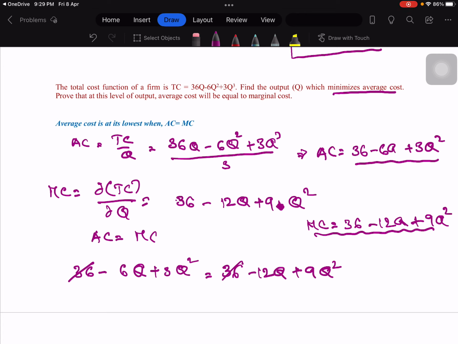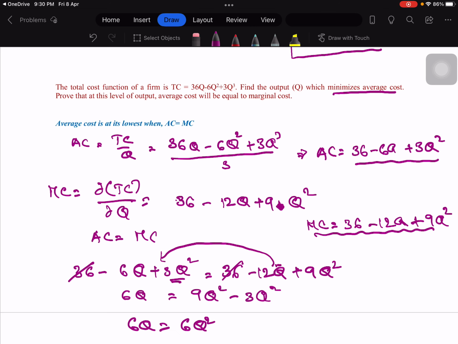Minus 6Q, if the minus 12Q comes to this side, it becomes plus 12Q. 12Q minus 6Q is 6Q. This 3Q square, if you take it to the right hand side, it becomes minus 3Q square. So 6Q is equal to 9Q square minus 3Q square. So what happened? 6Q is equal to 6Q square.